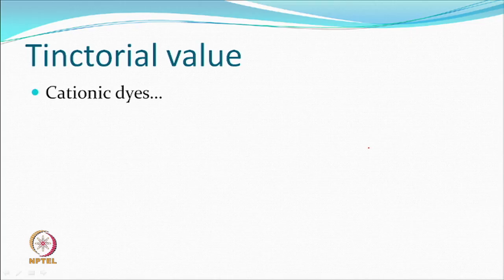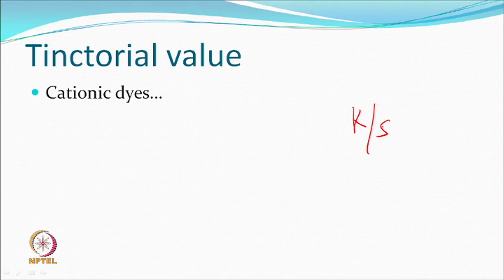not in the alkaline. Some people have talked about this, saying that the tinctorial value is K by S, which is not a good way to express this. This is based on the reflectance values; you get a value which is proportional to the dye on a surface which is seen.